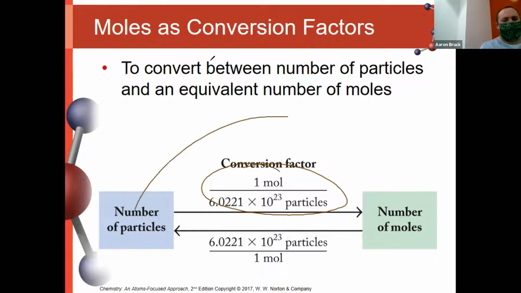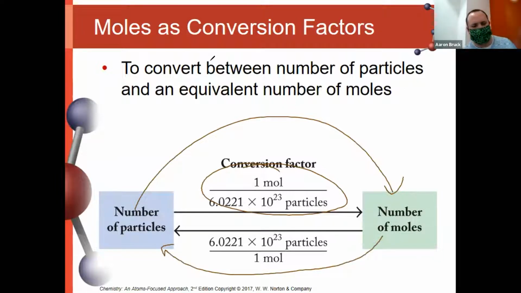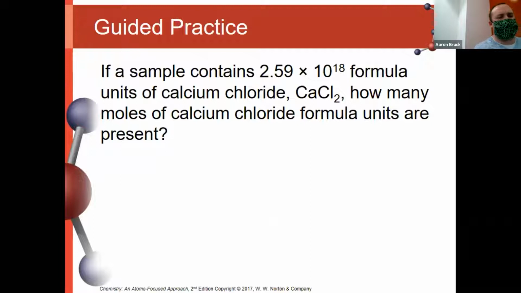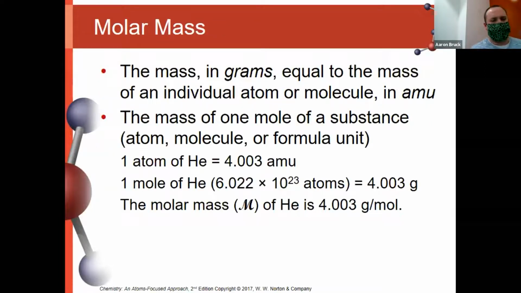If I want to go from particles to moles, I use the top conversion. If I wanted to go from moles to particles, I'd use the bottom conversion. Really, the only difference between them is whether we multiply or we divide. But there's some other things that we can do as well.